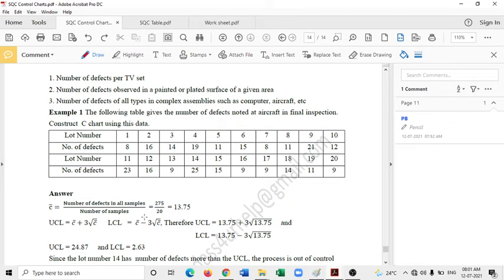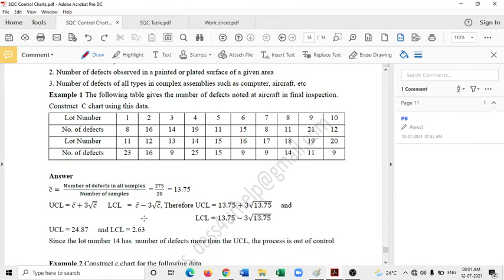Now we have one example showing the construction of C chart. Here we are given 20 subgroups, and the number of defects observed in each subgroup is recorded, and therefore here C bar is 275 by 20, 13.75. So this is the central line, and upper control line and lower control line are determined according to the equation C bar plus 3 root C bar and C bar minus 3 root C bar.